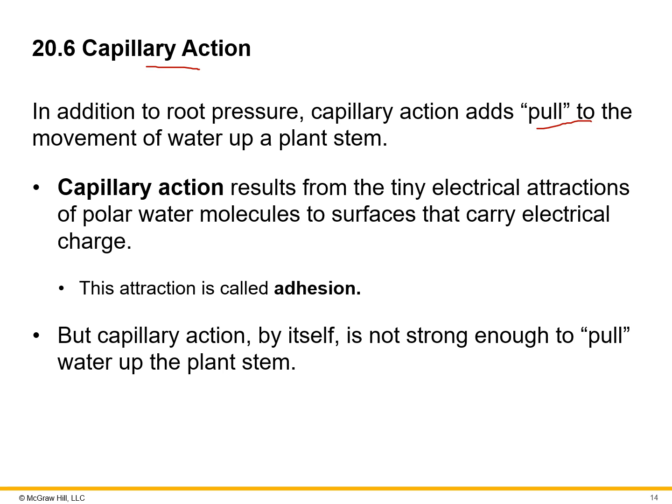Essentially it results from tiny electrical attractions between the water molecules that are polar, meaning they have a little bit of charge, to the surfaces that carry that electric charge. The term also goes along with adhesion, where water is attracted to other polar molecules, like the cell. So the water on the paper towel moves up the paper towel by this adhesion or capillary action. But by itself, it is not strong enough to pull water up the entire plant stem.